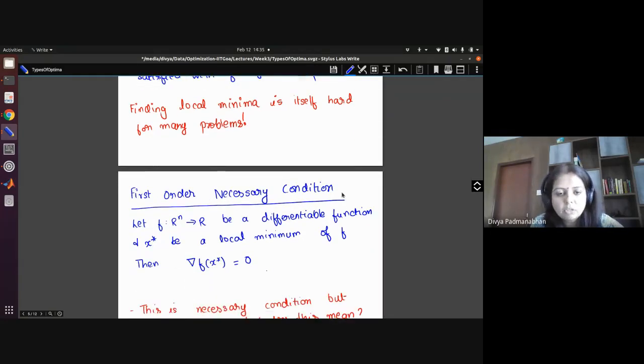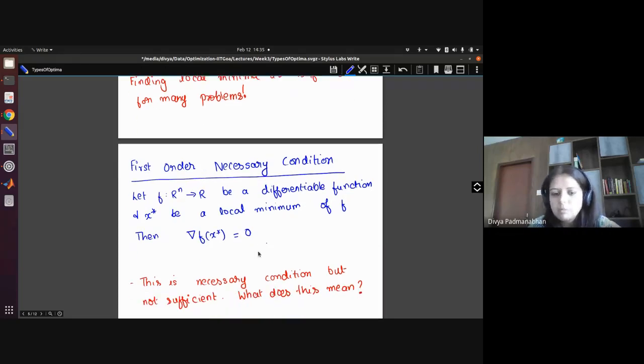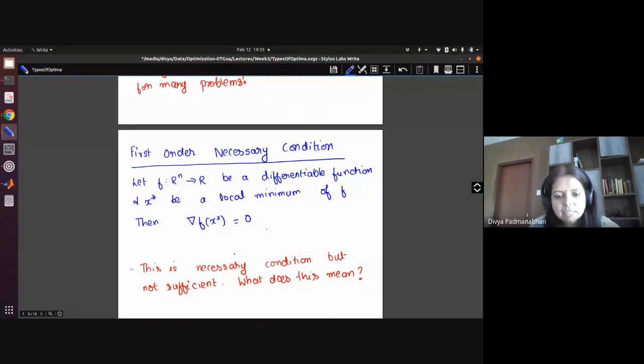First we'll come to the first order necessary conditions. What it says is that if you have a differentiable function and x star is a local minimum, then it must be that the gradient of f evaluated at x star is 0. You are probably familiar with this. It's a necessary condition, but it's not sufficient.